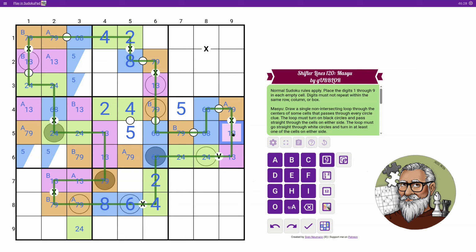So that's A again. And that one is A. And these are B. Okay, so far so good. Now the A will have to connect here too. Let's say A. So this one is B. This one's A.